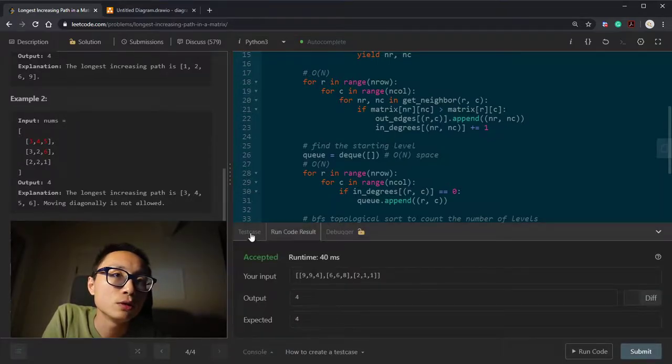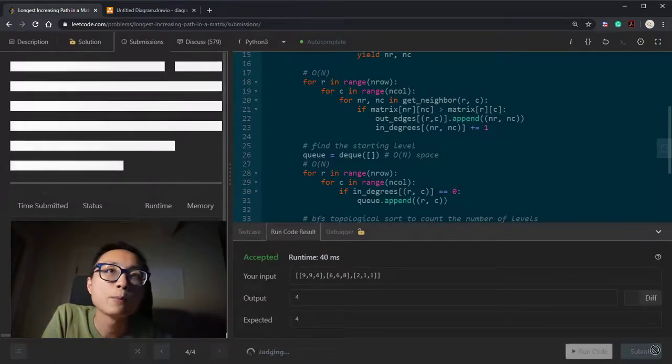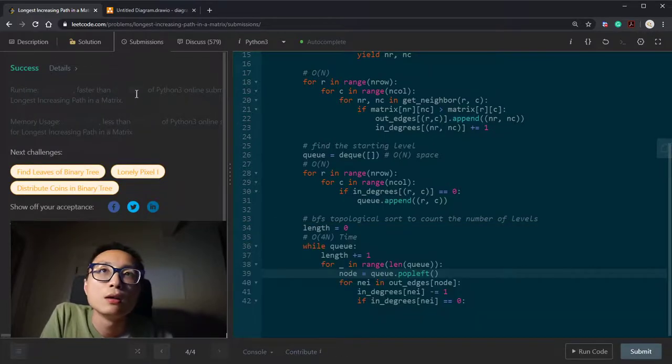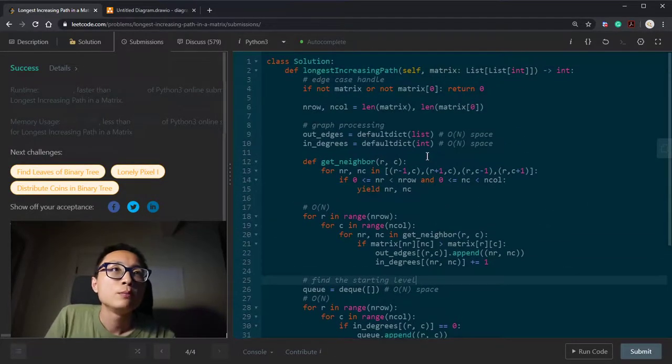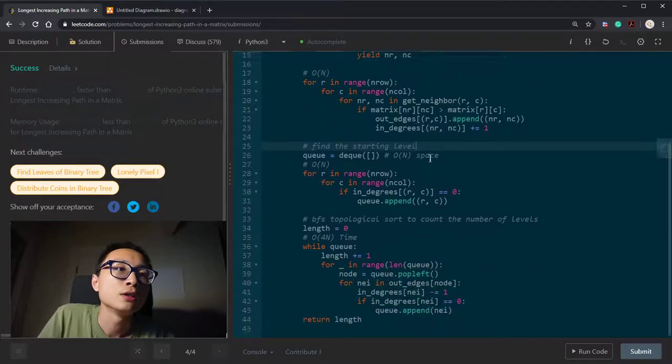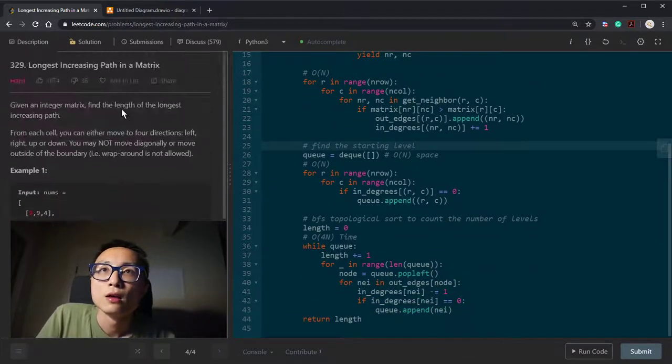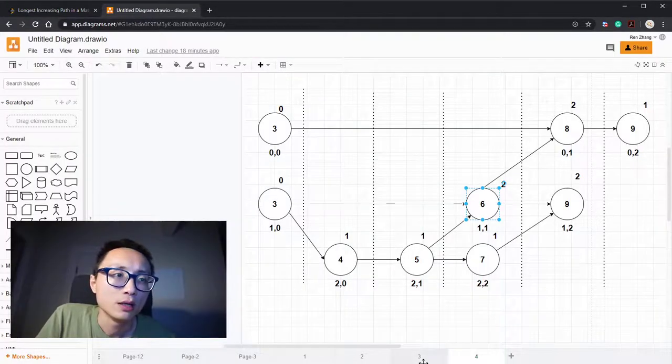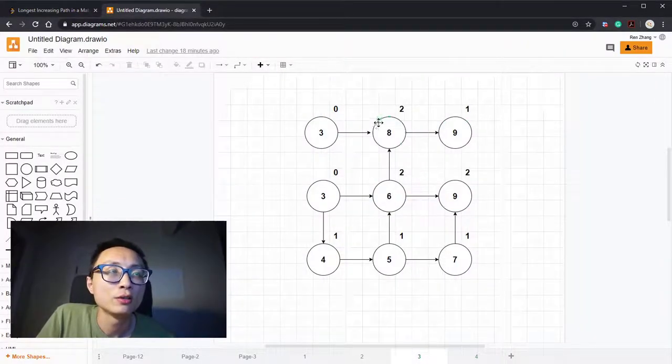Let's see if the code works. It seems so. Yeah, so that's the BFS topological sort solution to this question. I also briefly touched on the fact that we can actually run DFS.